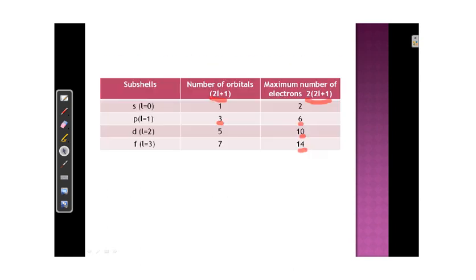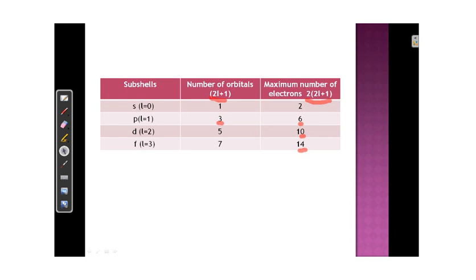Now here we will consider the maximum number of electrons in each subshell. We have seen that the S subshell has only one orbital, P has 3 orbitals, D has 5 orbitals, and F has 7 orbitals. Now in these orbitals, how many maximum number of electrons? That is given by 2 times 2l plus 1. So in the case of S subshell, when the orbital is 1, the maximum number of electrons is 2.